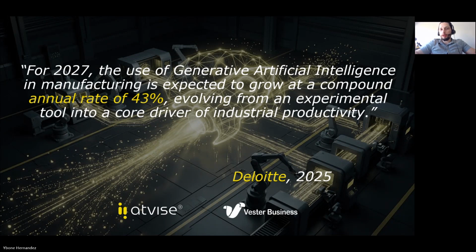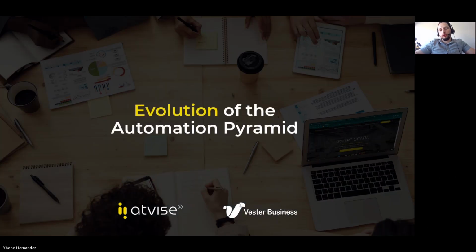What this represents is an opportunity not only for end customers, but also for the integrators out there. There are customers looking for this. Therefore, there are going to be opportunities for integrators that have tools to implement this type of technology.